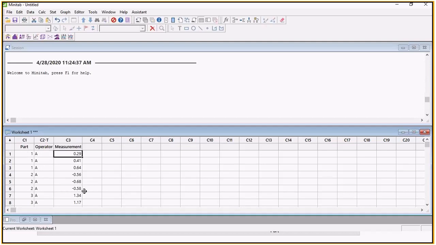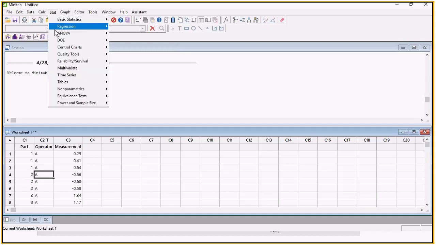He measured the same part again a second time, which is trial 2, and he gets this measurement and so on. So we are going to use the crossed gauge R&R for this case. Let me just go to the gauge R&R and show you how it works.